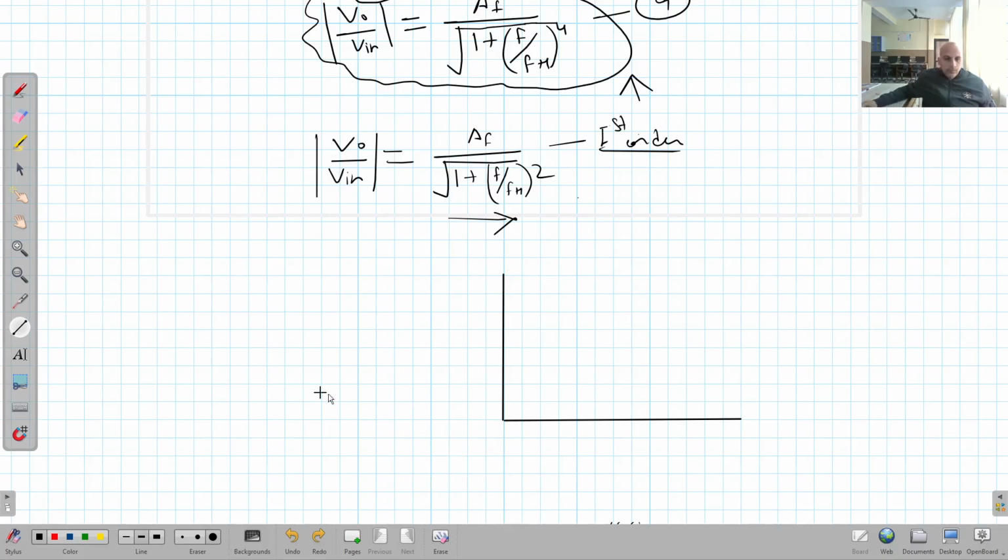Then this is gain, V output upon V input, and this is frequency F. See, this is F toward this side. So again, you will get this type of response.